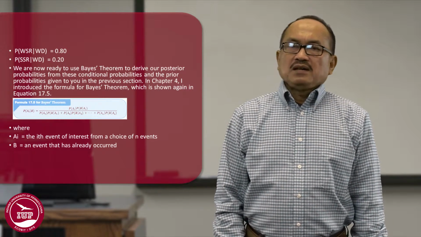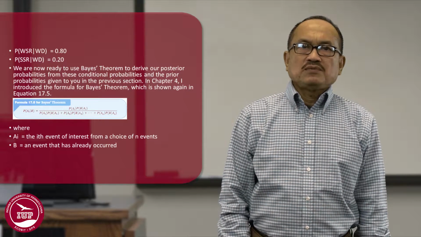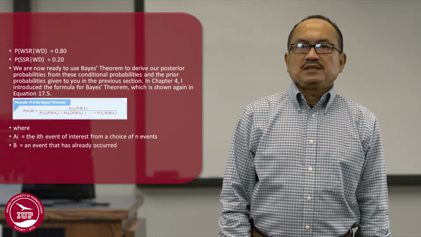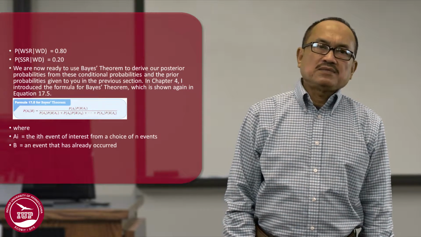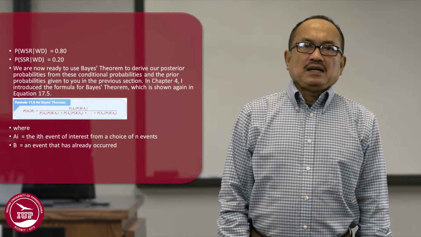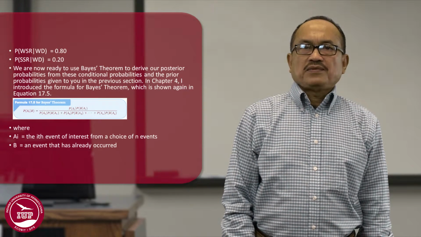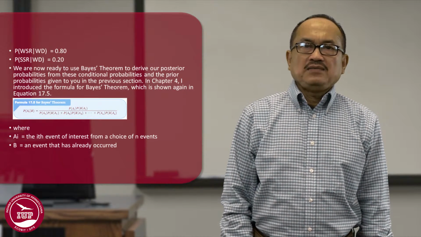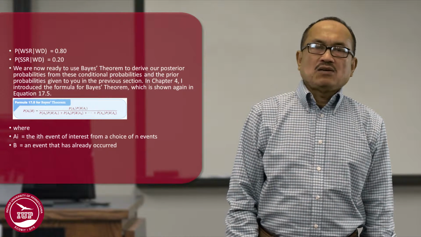In Chapter 4, I introduced the formula of Bayes' theorem, which is shown again in equation 17.5, where A_i is the ith event of interest from a choice of events and B is an event that has already occurred.